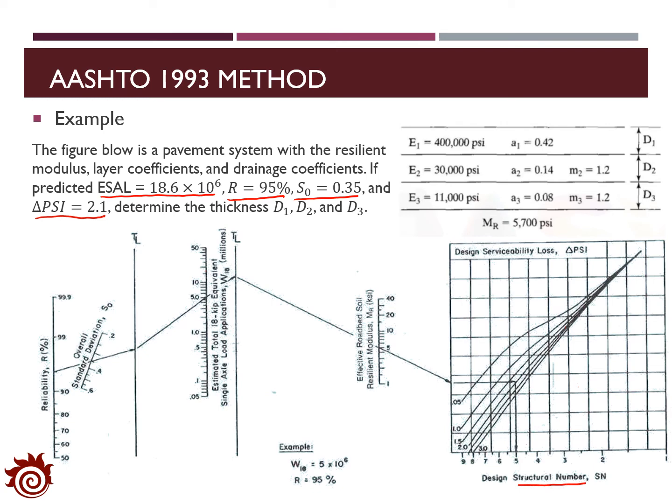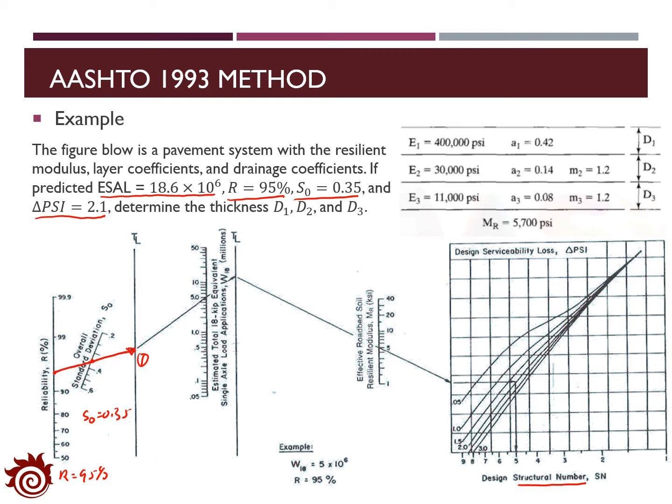From the problem, we know that the reliability R is 95%, which is 1 point in this scale, and the standard deviation S0 is 0.35, which is the point as we show in this scale. And then we will connect these 2 points and draw a line which will reach the first turning line and have the point 1.